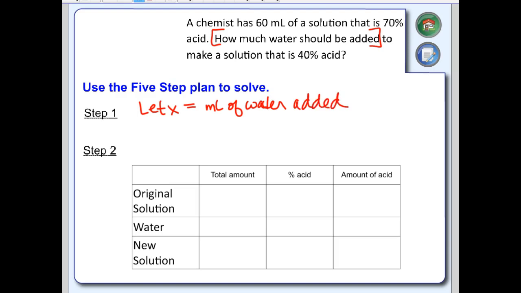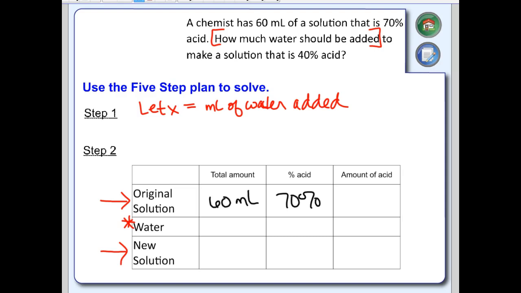When we're doing these chemistry problems, there's always going to be an original solution, a new solution, and we're always going to be dealing with water in the middle. Once again, your charts will be set up for you. So what's the original solution? Well, when I read that first sentence, we see that the chemist had 60 milliliters of a 70% solution.